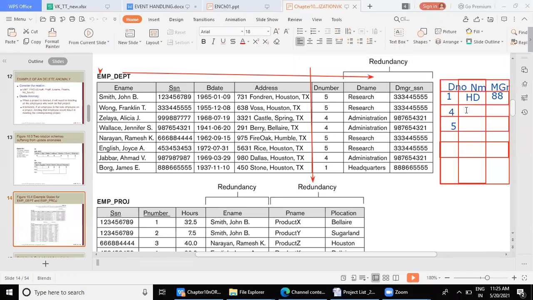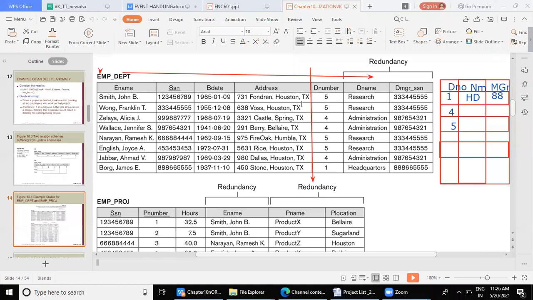Imagine I write the names of the department as well. I have written department number, department name, department MGRSSN. But let me tell you what information we are losing. DBMS tells you to store information of every entity in different tables.